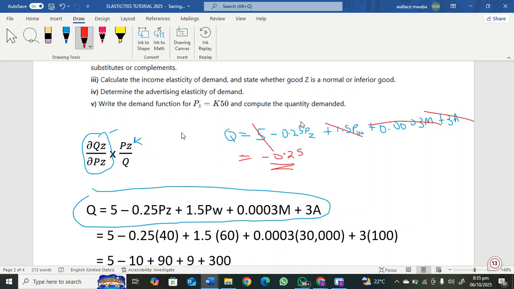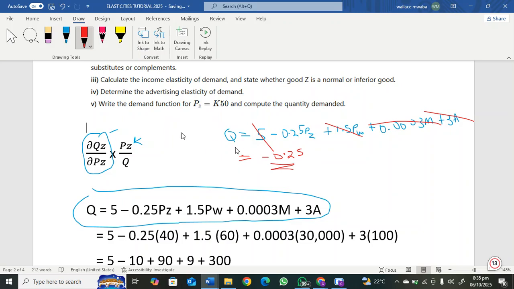Once you find it, just remove the PZ and you get your answer like this. Any questions?